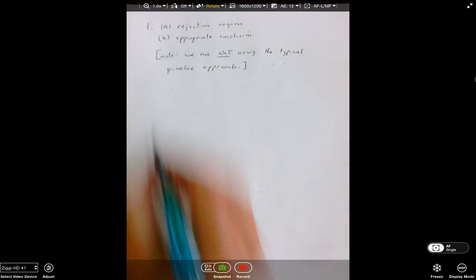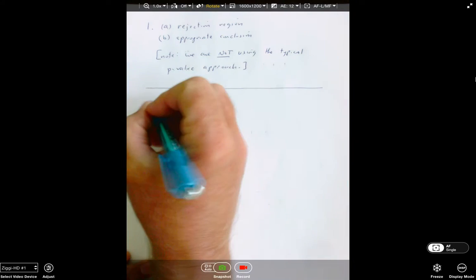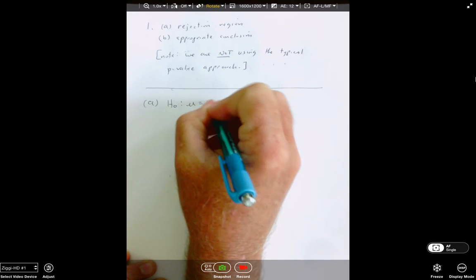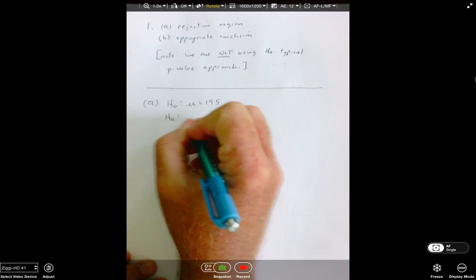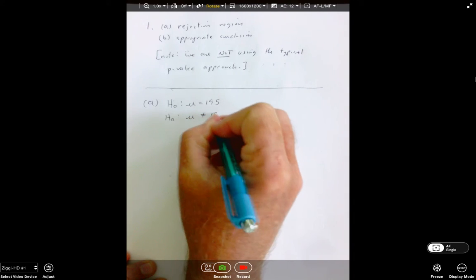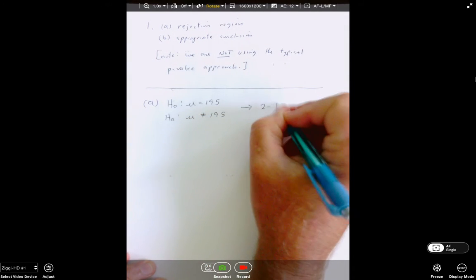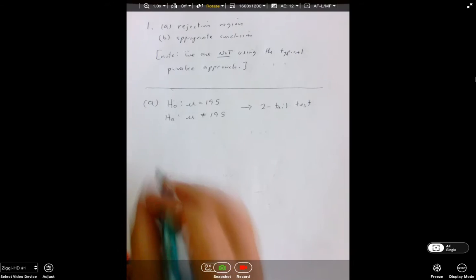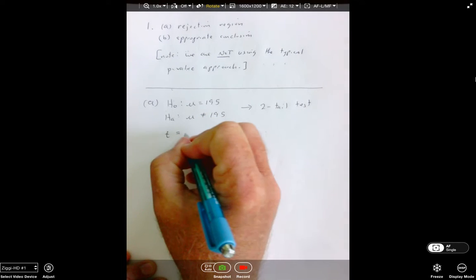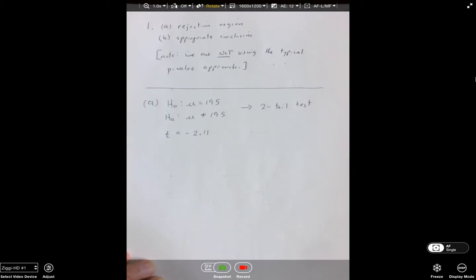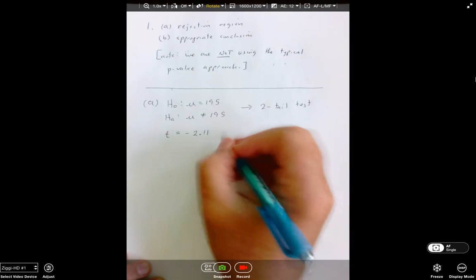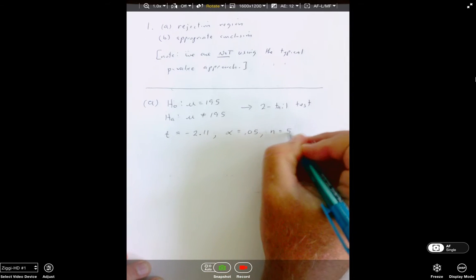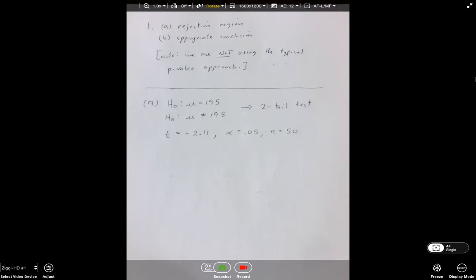So, guys, for the first one, here's what we've got. We are testing H sub 0: mu equals 195, and H sub A: mu not equal to 195. So this tells me that I have a two-tail test. My test statistic is negative 2.11, and my alpha level is 0.05 with a sample size of 50.